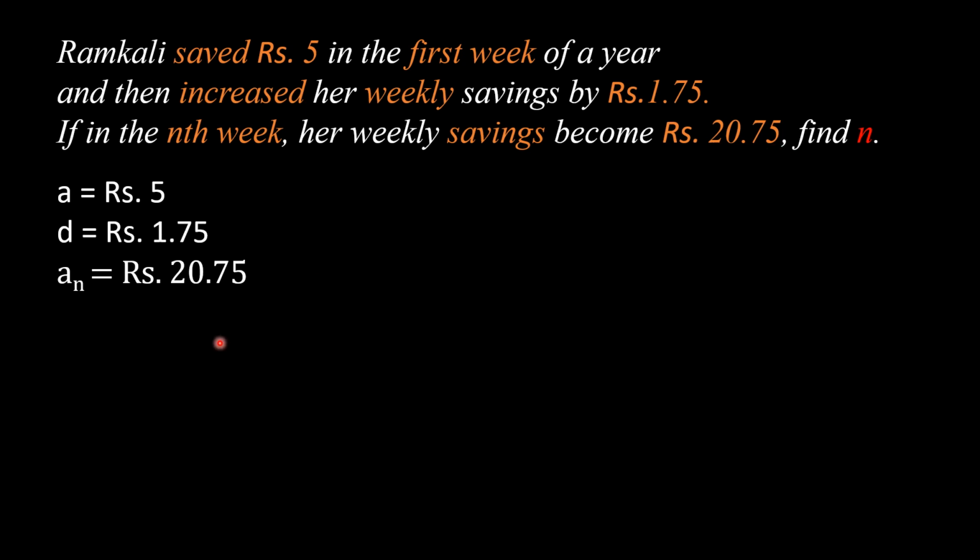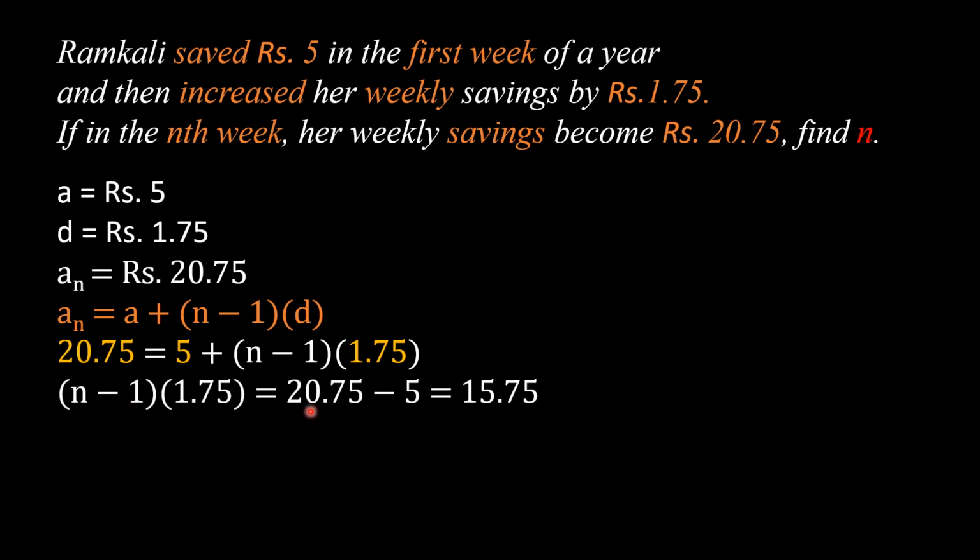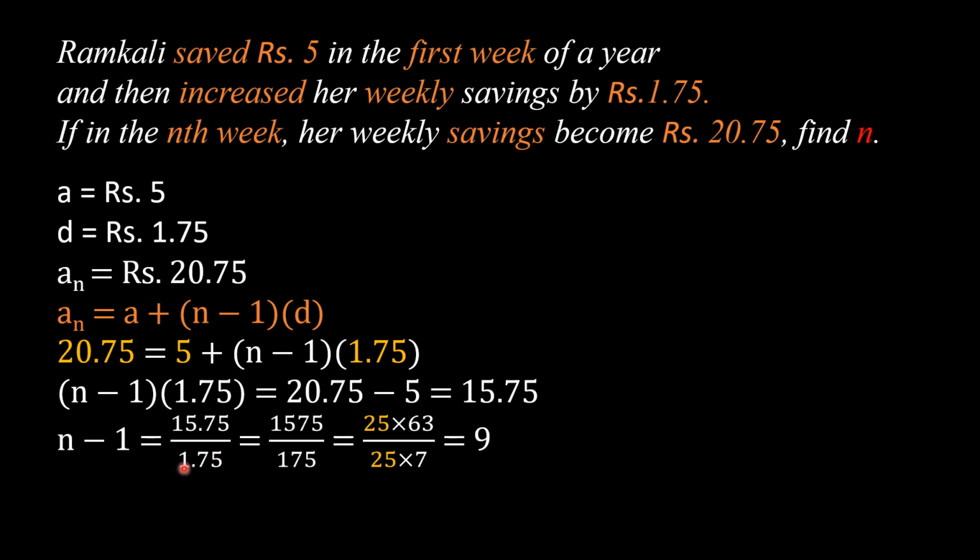So we will write the formula for nth term, which is a plus n minus 1 into d. We will substitute the values: 20.75 for an, 5 for a, and 1.75 for d. First we will take this 5 to the left hand side, so it will become 20.75 minus 5, which will be 15.75. After that we will divide this 15.75 by 1.75. So n minus 1 will become 15.75 divided by 1.75.